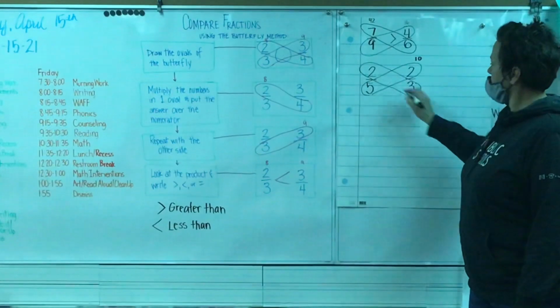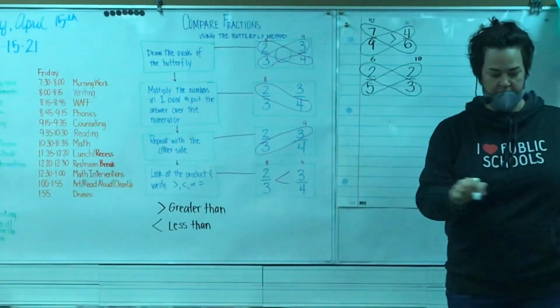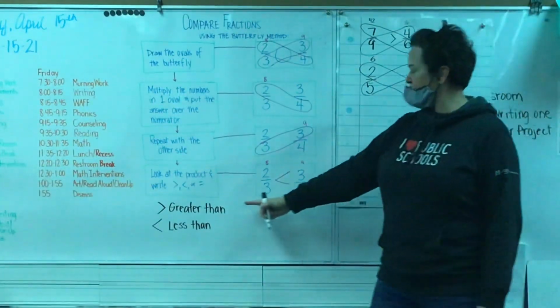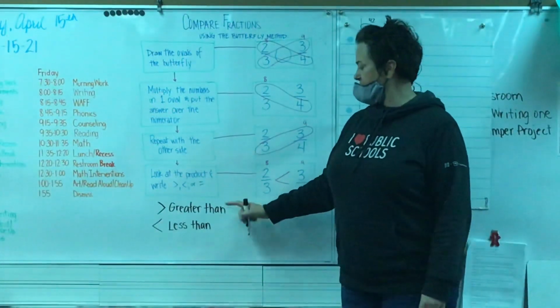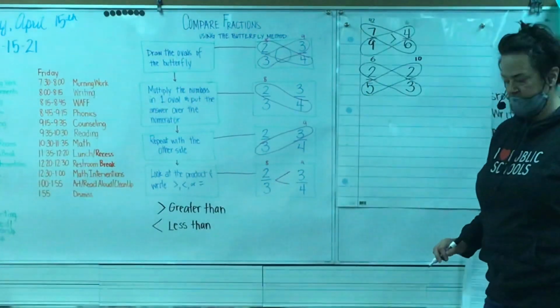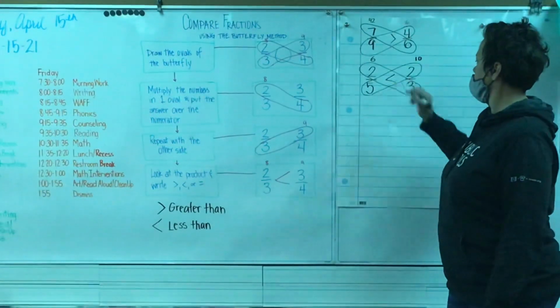What is 2 times 3? 6. Is that what everybody else got? Yes. So 6 and 10. Is 6 greater than 10? Is it less than 10 or equal to 10? Less than. It is, yeah, less than.